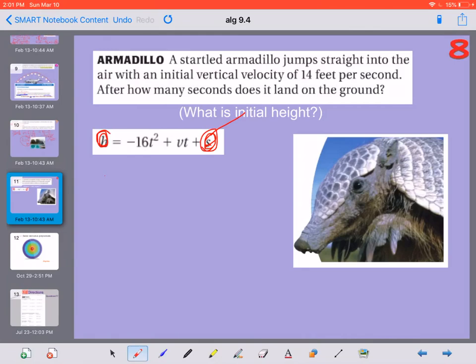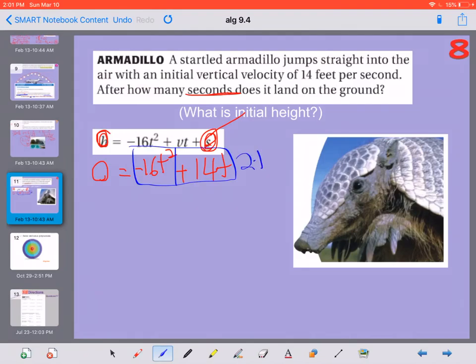So if we write this again, we'd have 0 equals negative 16t squared. We're looking for seconds, so we're looking for time, plus v, which is our velocity, 14t, and that equals 0, but we don't need to write that because it's plus 0. So if we factor this out, I know that between 16 and 14, I can put a 2 in there.